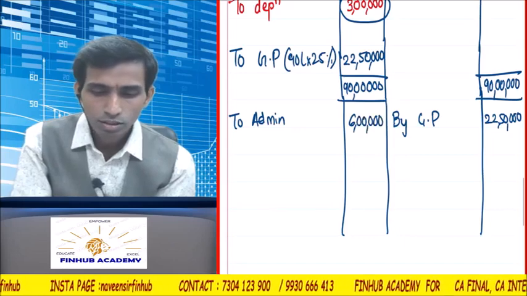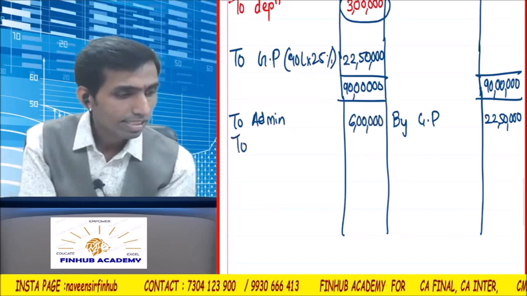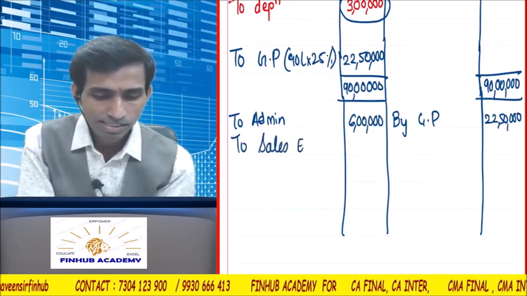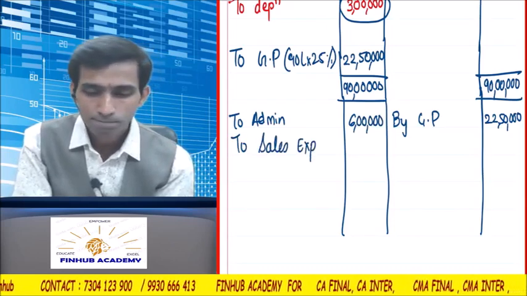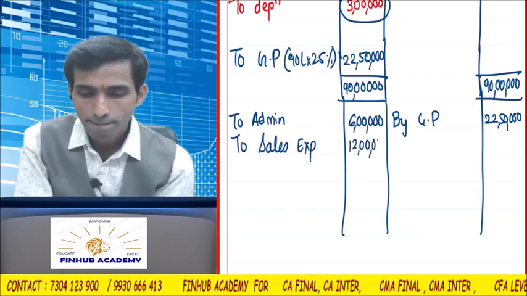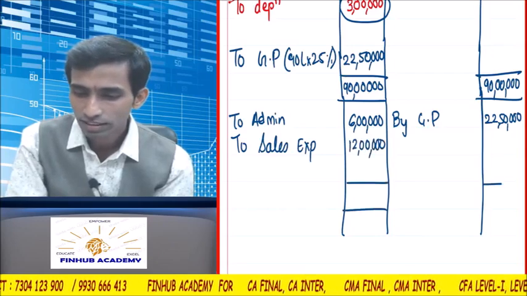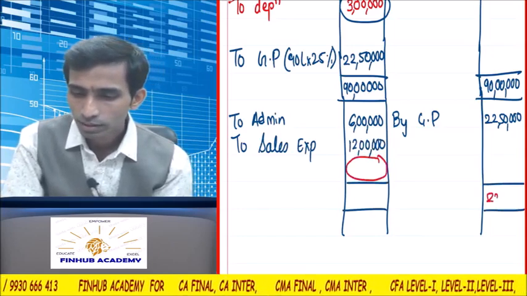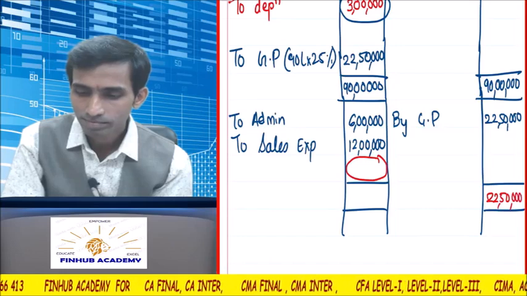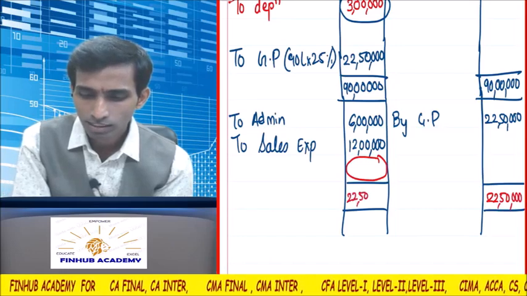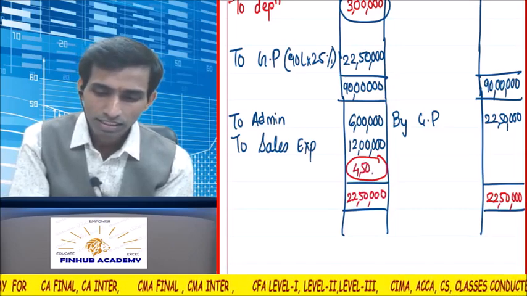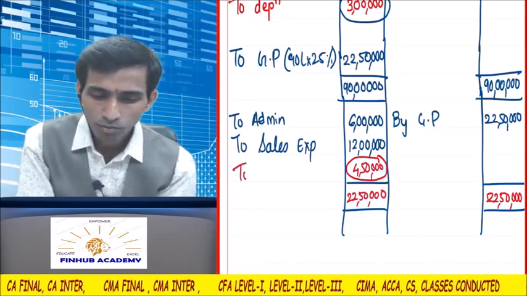To selling and sales promotion expense, how much? 12 lakhs. All costs are covered. Calculate the difference. 22 lakh 50,000 minus 18 lakhs, how much? 4 lakh 50,000 is my net profit.